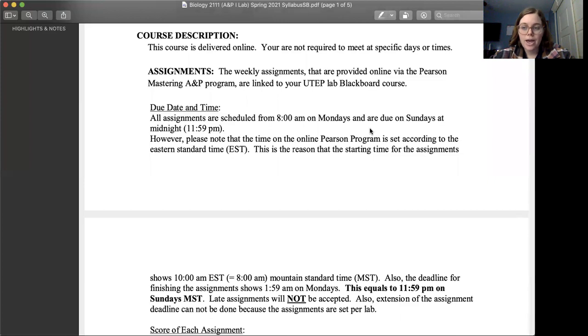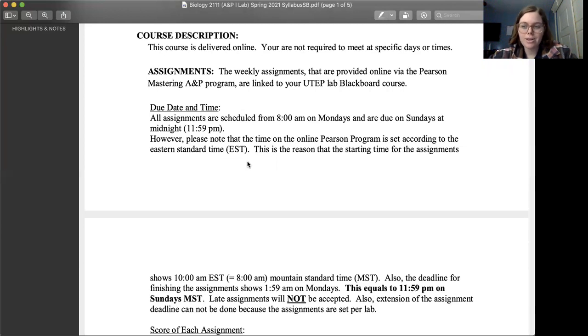And you'll see a pattern. Everything, the quizzes, exams, assignments, is always opened on Monday at 8 a.m. and closed on Sunday. Something you will see on the assignments, especially through Pearson, is that it's due at 2 a.m. On Pearson, it says that it's due at 2 a.m., but that is because it's on Eastern Standard Time.